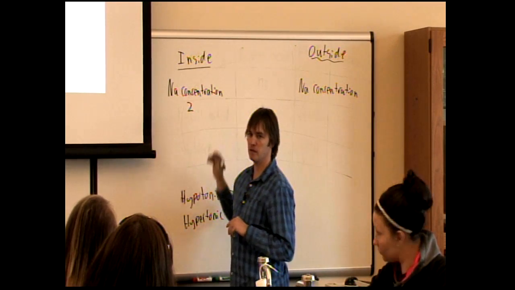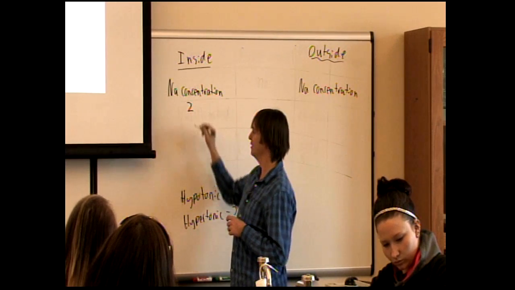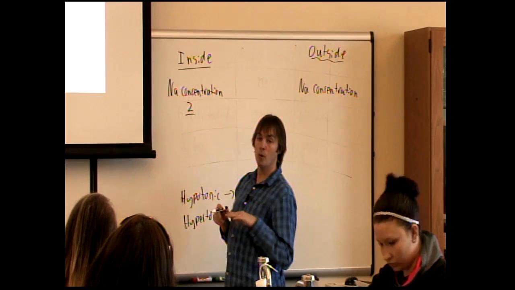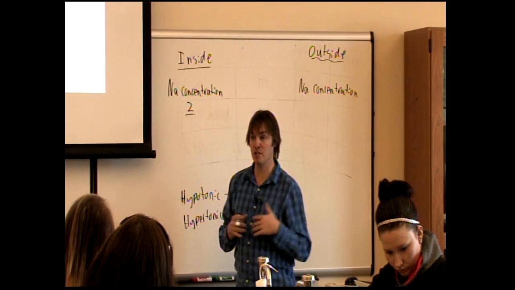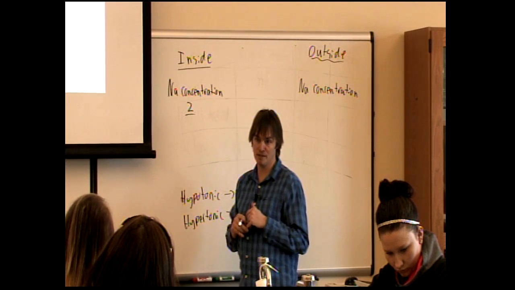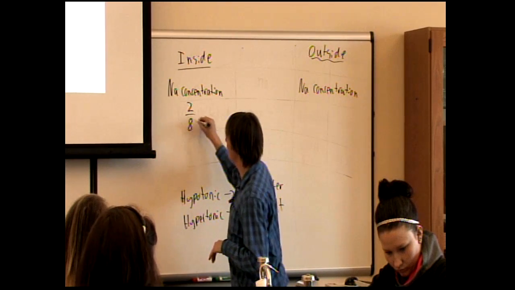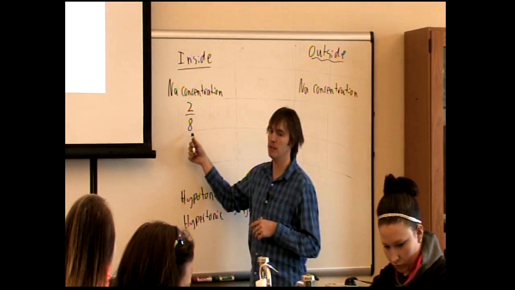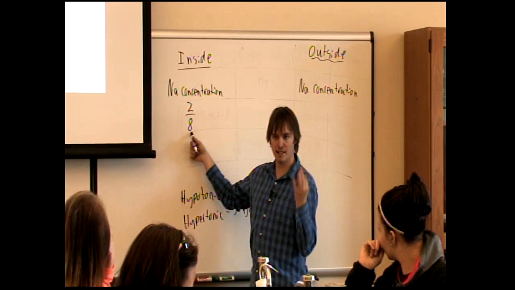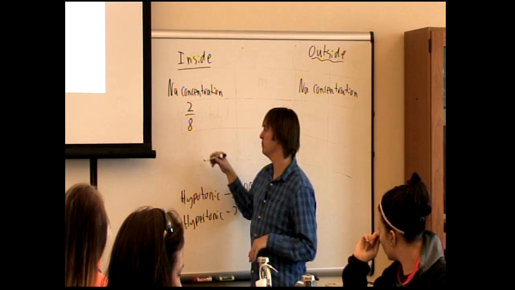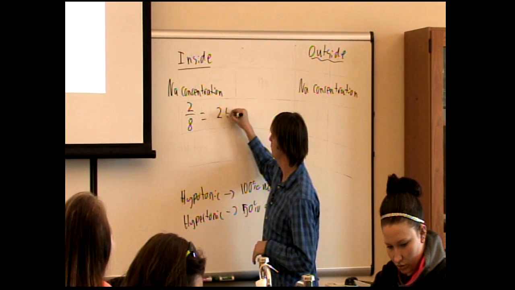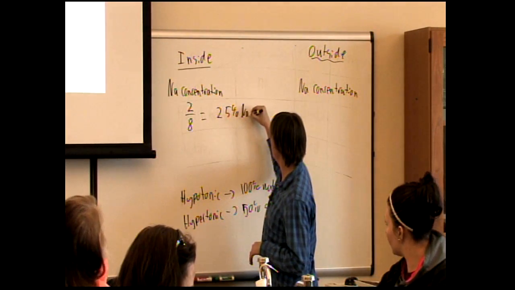Or you could just do it 2 over 8. You could do it either way. I usually do it the total number of molecules. As long as you do it the same way on both sides, it wouldn't matter. But there's 2 sodium, there's 8 total molecules, right? 6 water, 2 sodium. So what percentage is that? Okay, so we have 25% Na plus.